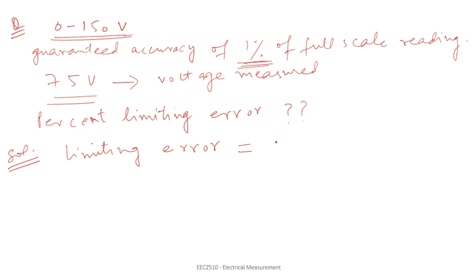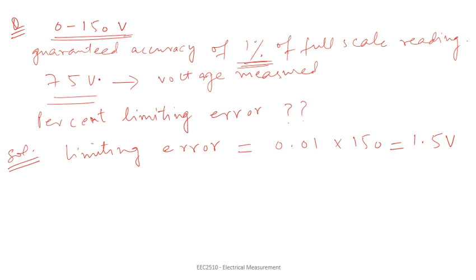So it will be 1% of 150. You can just directly multiply it by 0.01. This will be the 1% of 150, so it will be 1.5 volt.